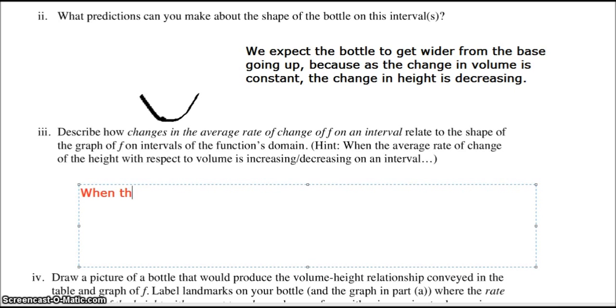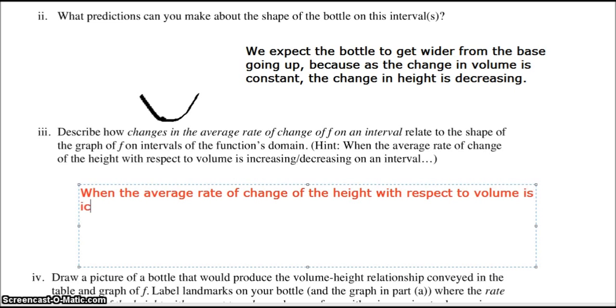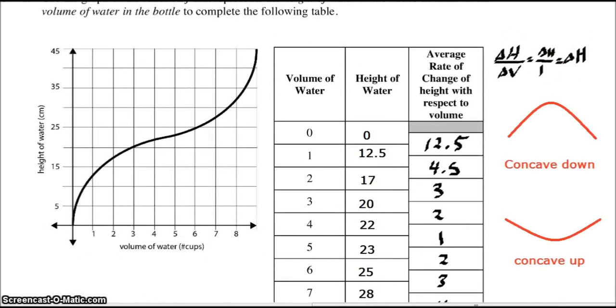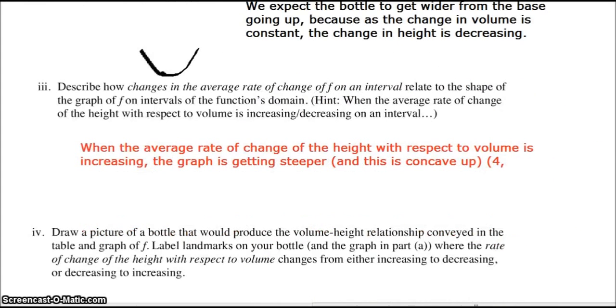So when the average rate of change of the height with respect to volume is increasing, the graph is getting steeper, and this is concave up, and that happens from the interval about 4 to, I don't know how far this graph goes up, from about 4 to 9, where concave up, we're increasing.